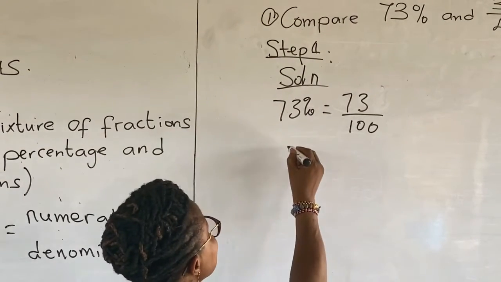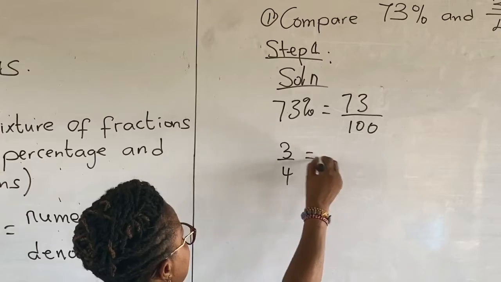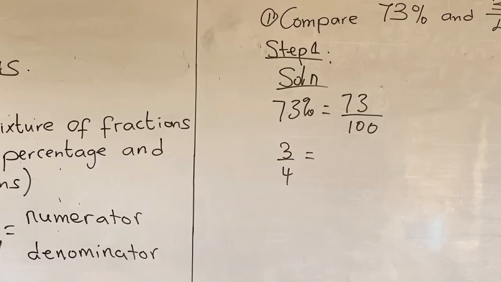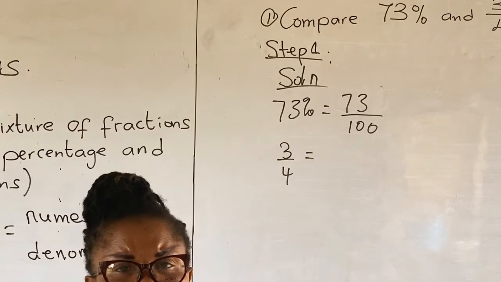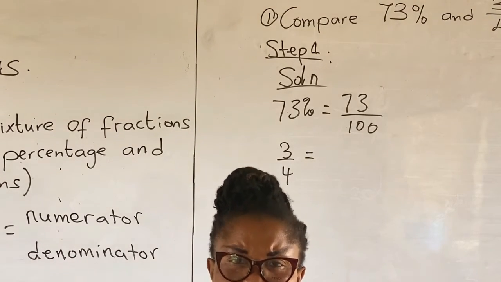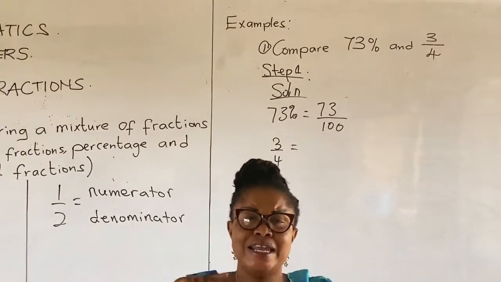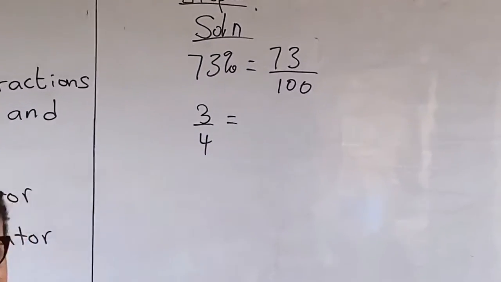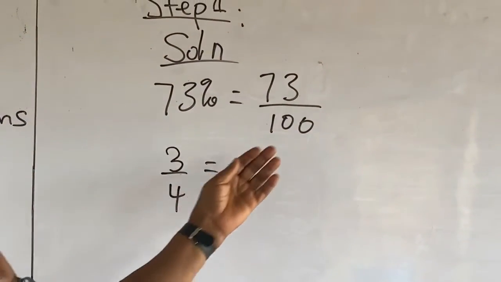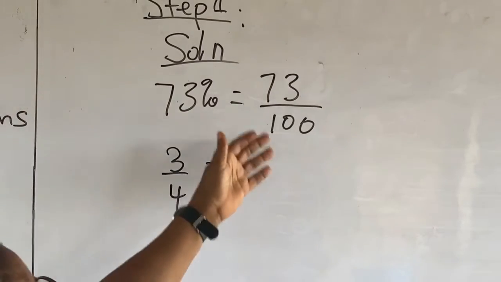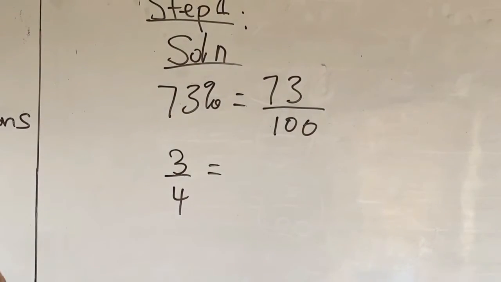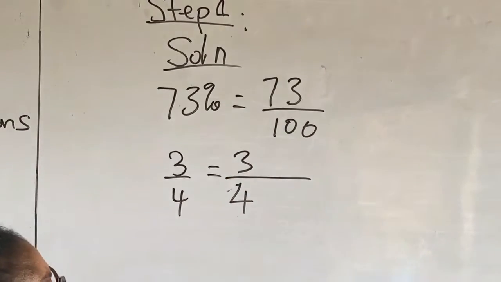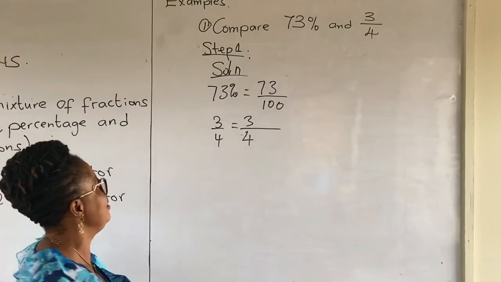Now, the next common fraction here is 3/4. It is a common fraction already, but before you can compare two common fractions, the denominator has to be the same so that you can compare the two numerators. So you have to change 4 to 100. Repeat your 3/4 on the back.